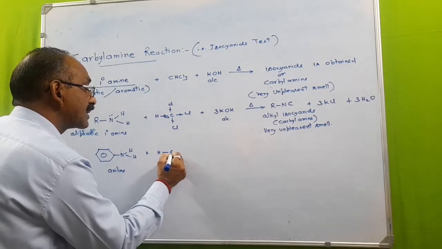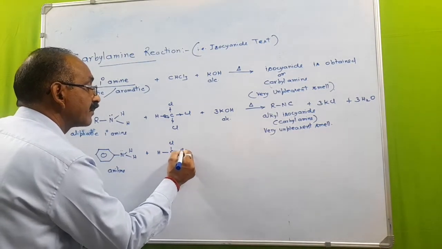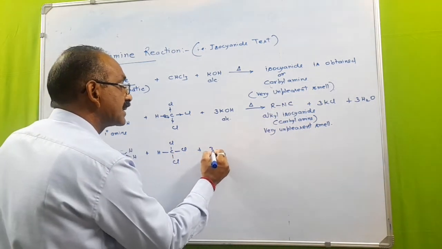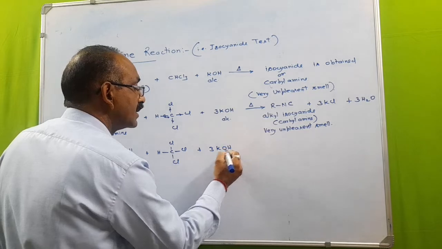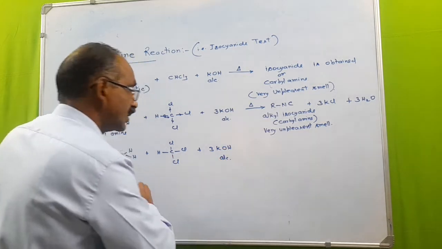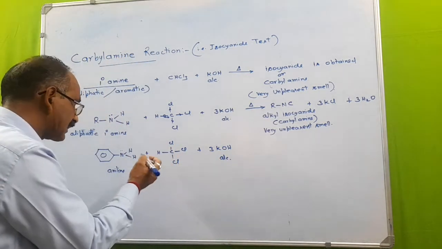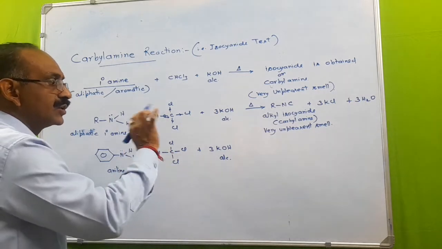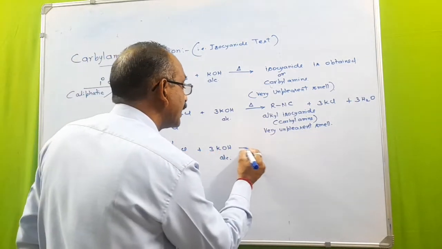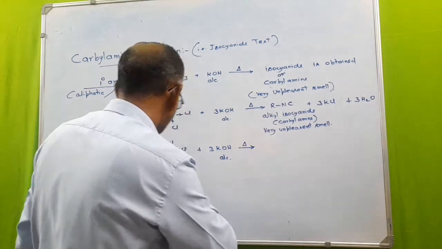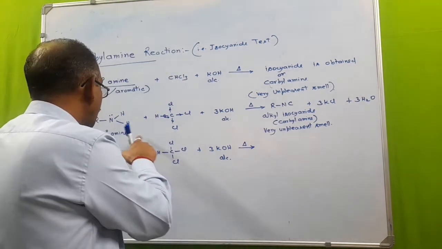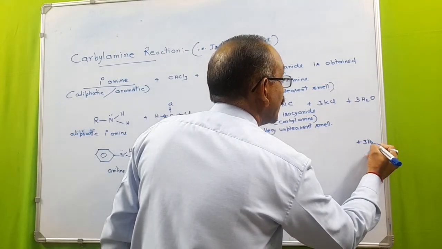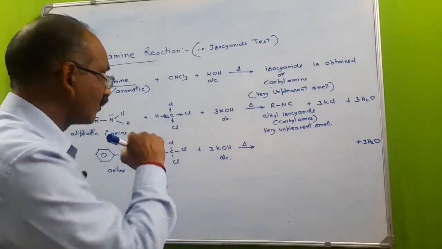Now when it is warmed with chloroform in presence of alcoholic KOH, see here, as there are 3 electropositive hydrogens, so 3 KOH molecules will be required. Here warming is also required. So these 3 electropositive or active hydrogens come out with the OH minus in the form of water.